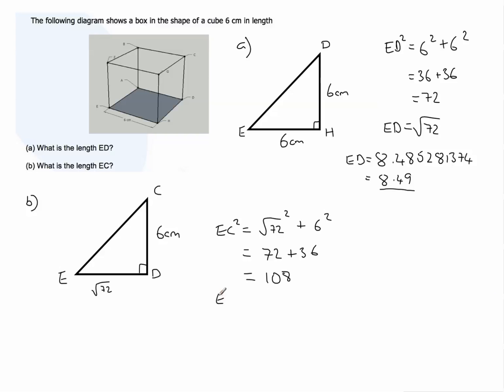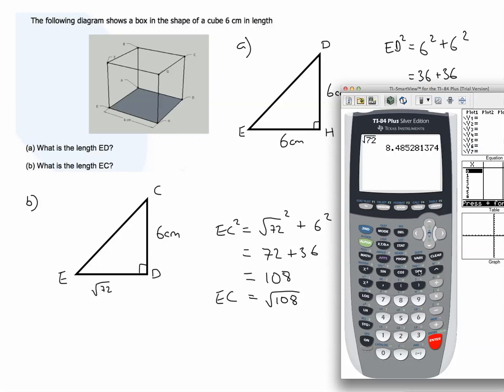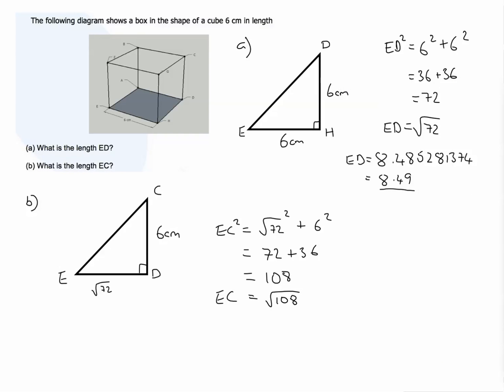And so EC is the square root of 108. Calculator back here. We'll use another method for finding the square root now: 108 to the power of 0.5 does exactly the same thing, and that gives me my answer.